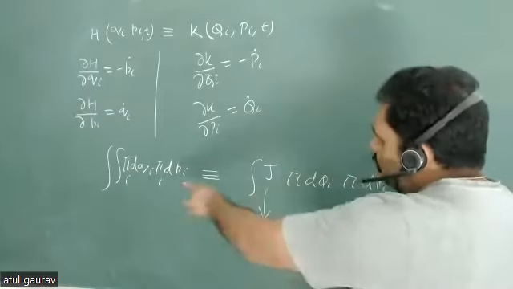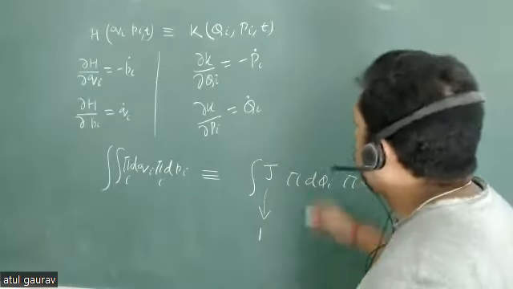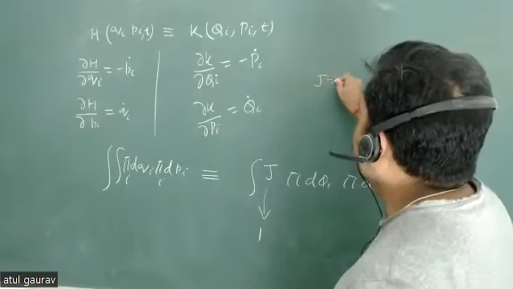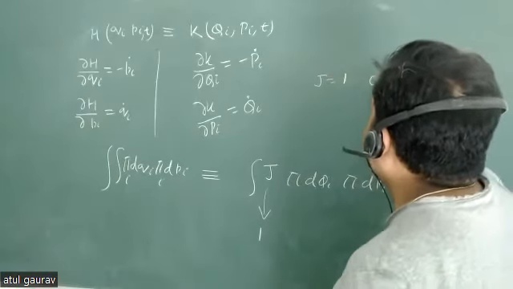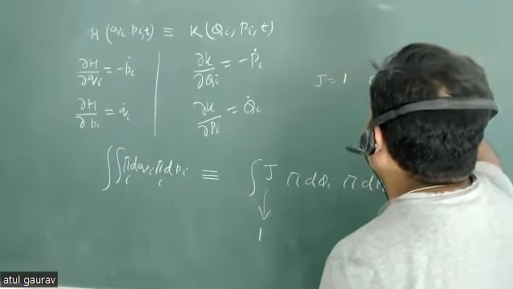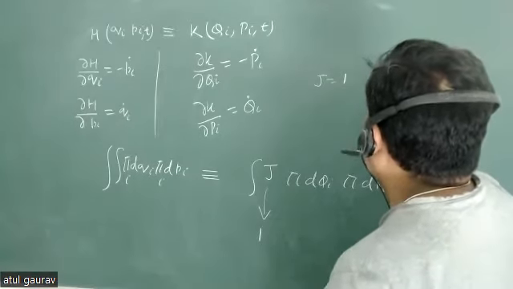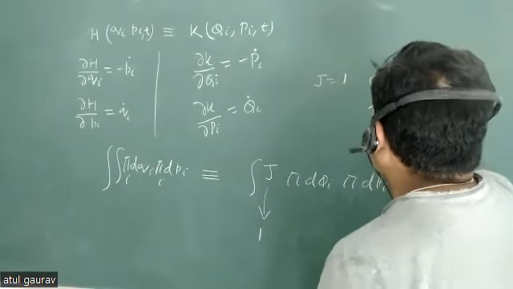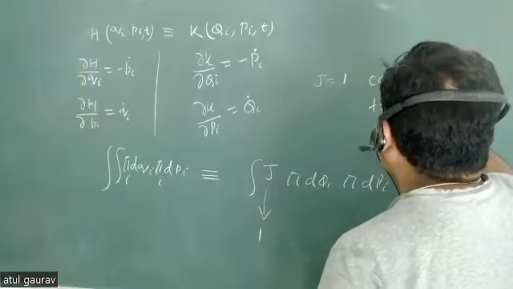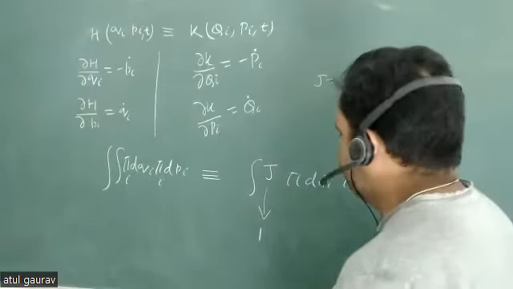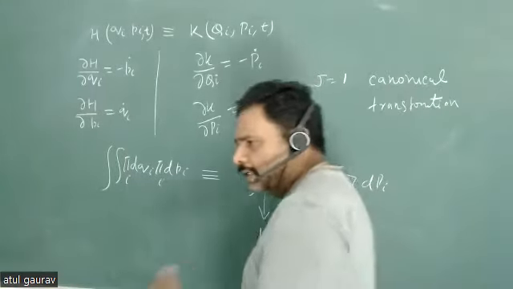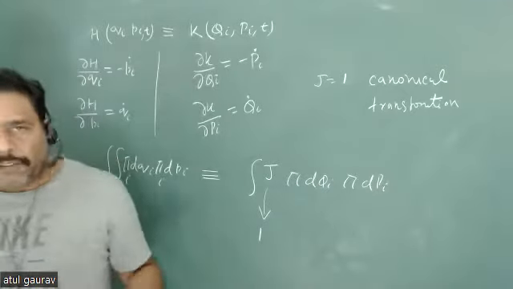And if this Jacobian of transformation is 1, then this is identified as canonical transformation. This is identified as canonical transformation. And yes, the transformation can be two-way.